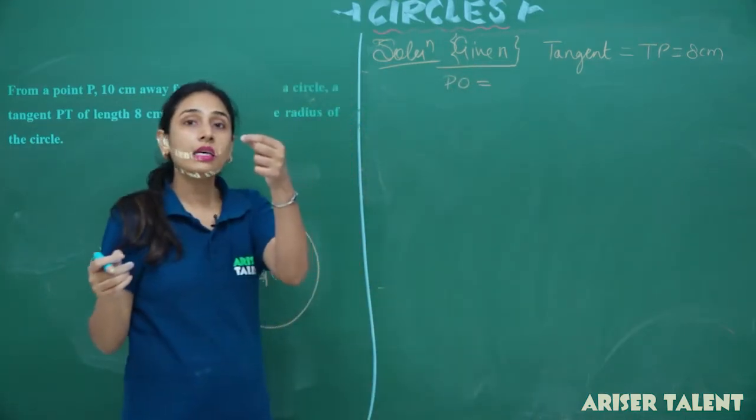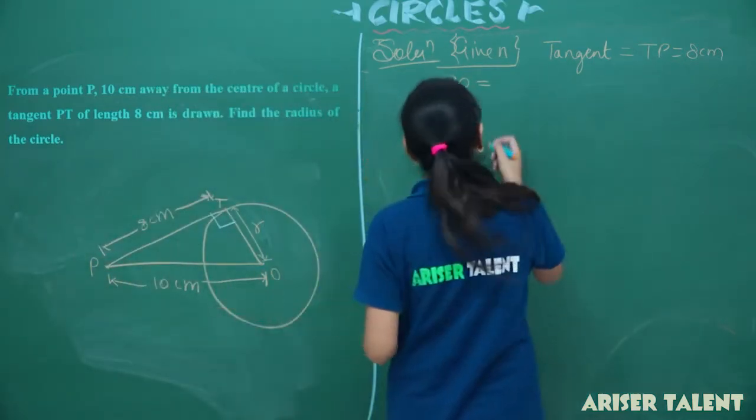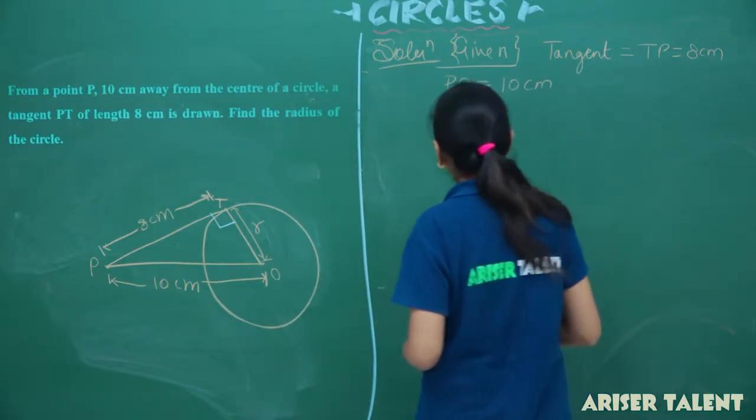The distance between the outside point and the center of the circle. So, this is given 10 centimeter. Okay, this is the second parameter.